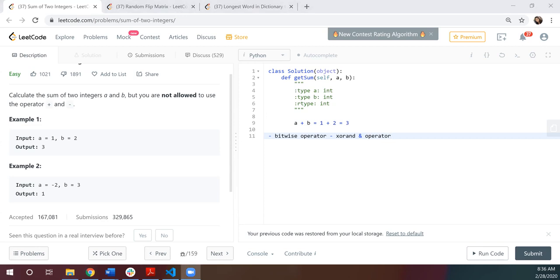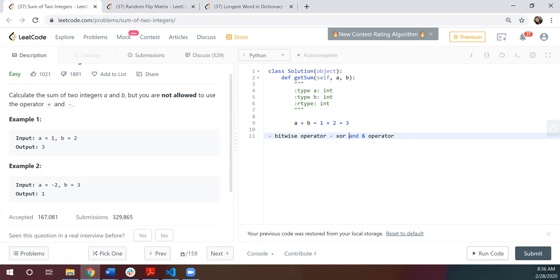I think it's better if we write down the binary representation of any two numbers, and that way it might make it easier to understand. So my question is how this thought first comes into someone's mind that we should go for a bitwise operator?